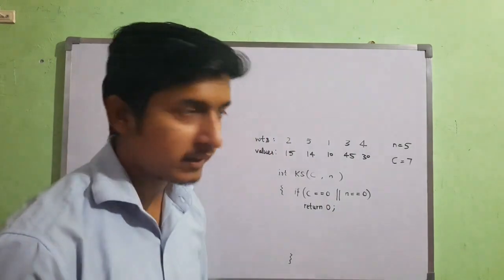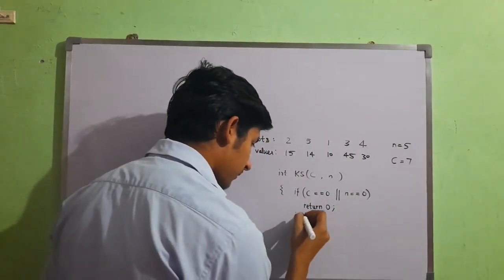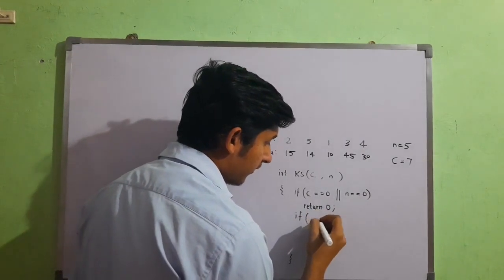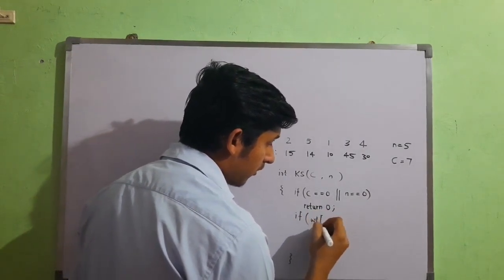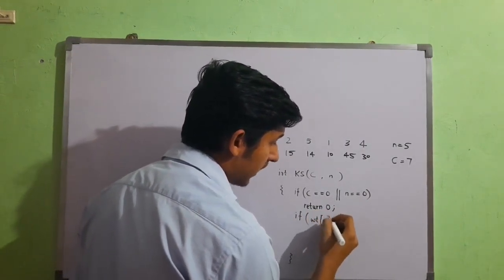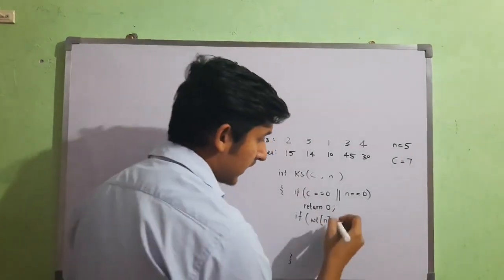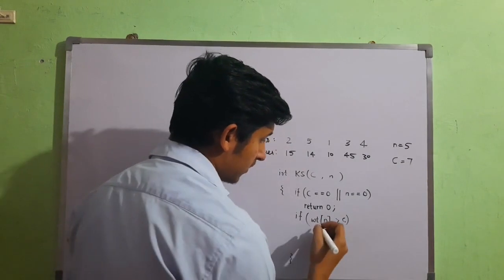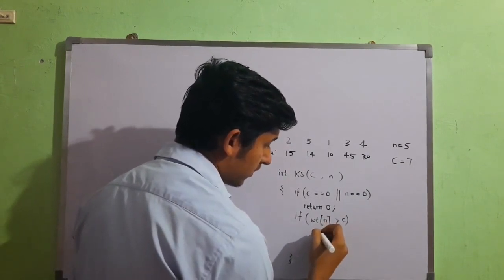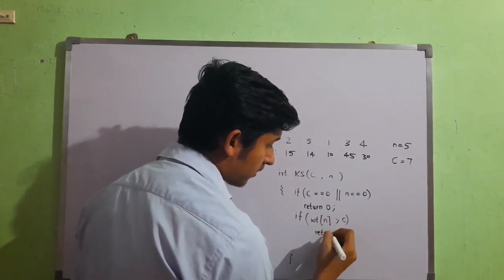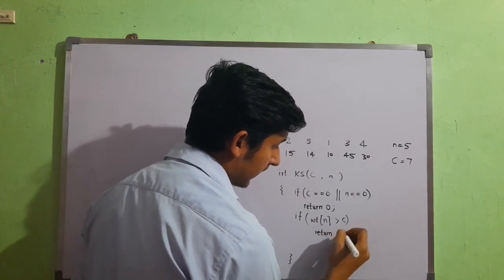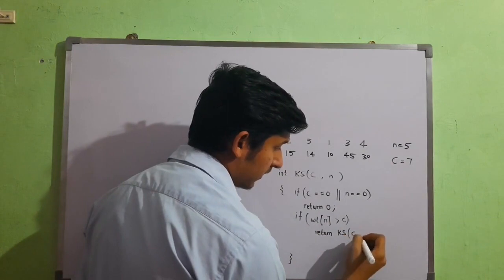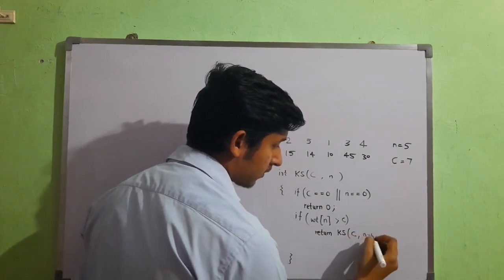If the weight of the last element exceeds the carrying capacity, then return KS knapsack of C and n minus 1.